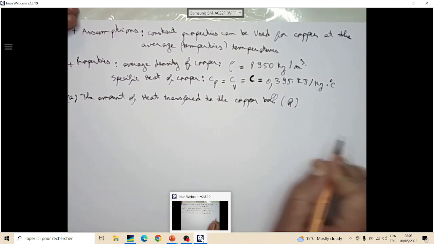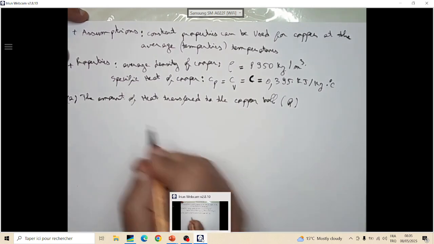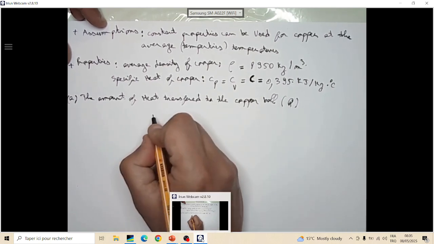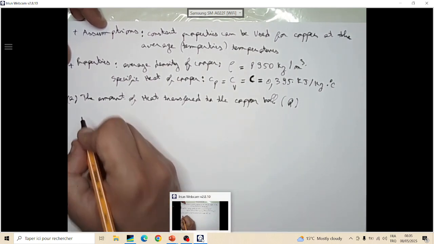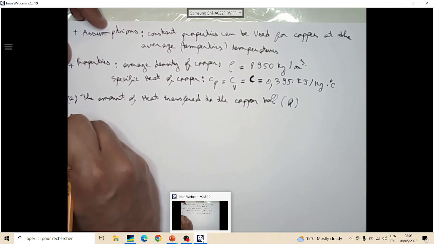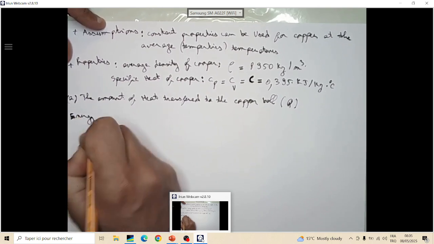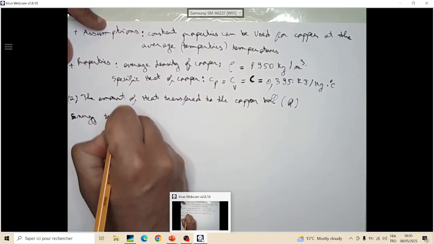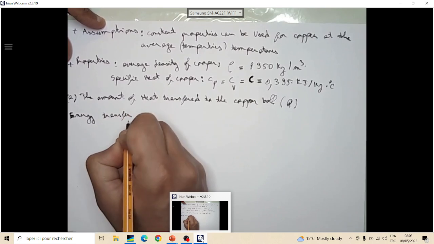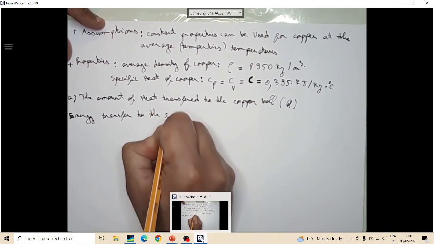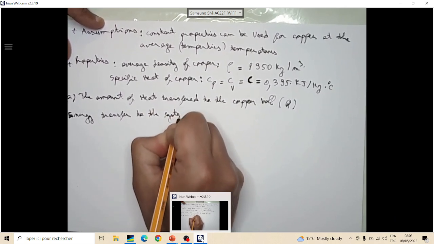So in order to calculate this Q, the energy transfer to the system, our system is the copper ball.